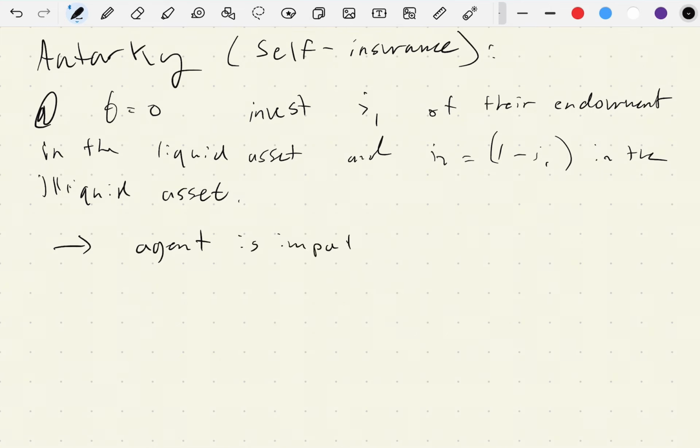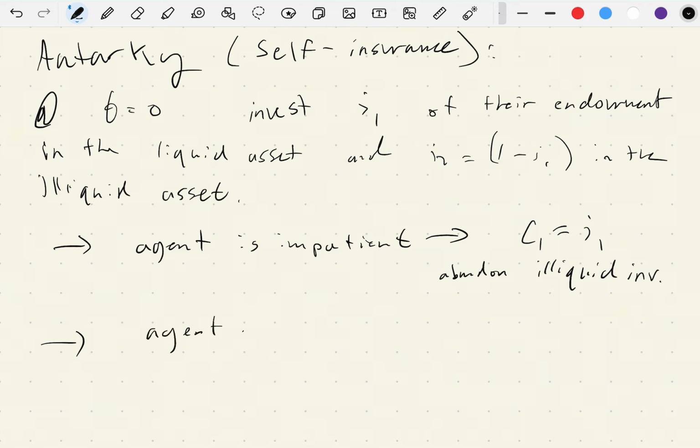So if the agent is impatient, what happens? They would consume what they held in the liquid asset. So you would say C1 is equal to I1, okay? And they must abandon their illiquid investment. So that's what happens, okay? So they abandon. Okay? Now let's say an agent is patient.